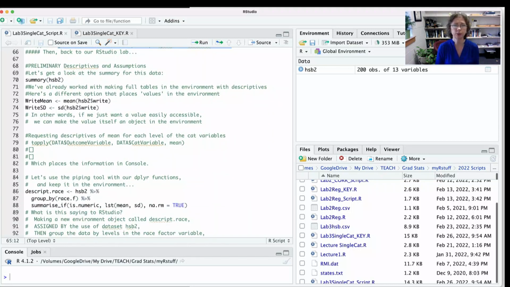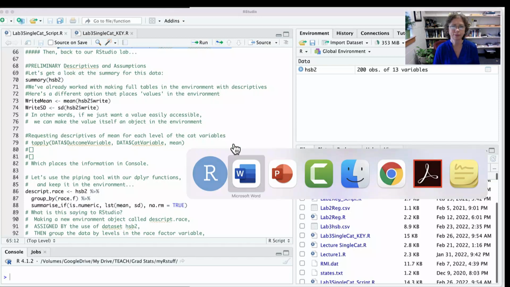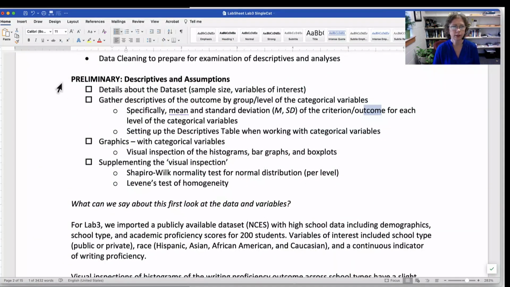Now we're ready for preliminary work. In our preliminary work, we want to get information about the data set, the sample size, and the variables of interest. Especially because we're going to be running a regression with the categorical variables, we want to tell our reader about the outcome's mean and standard deviation for each level within the categorical variable.